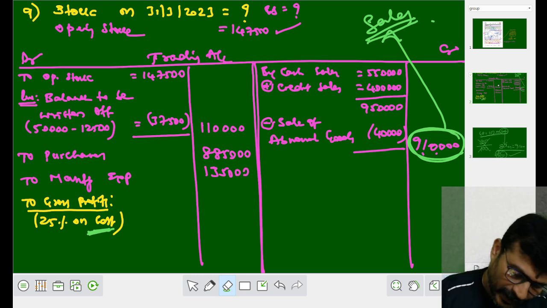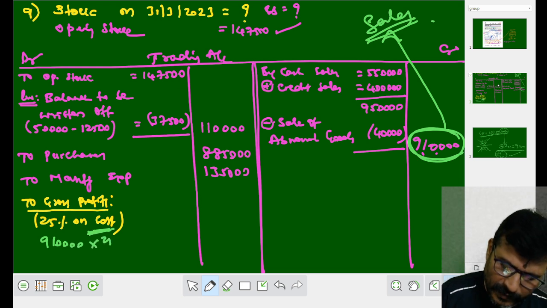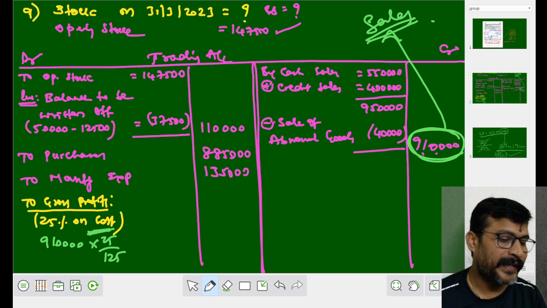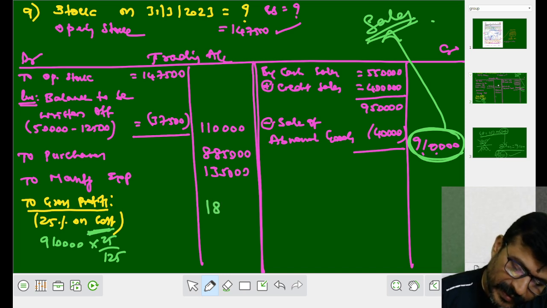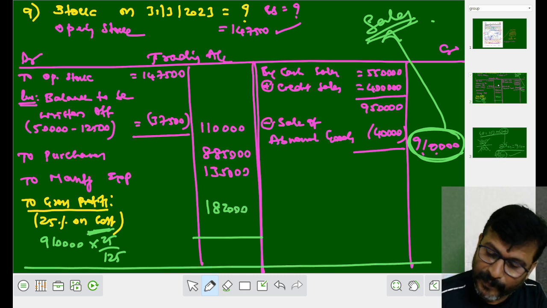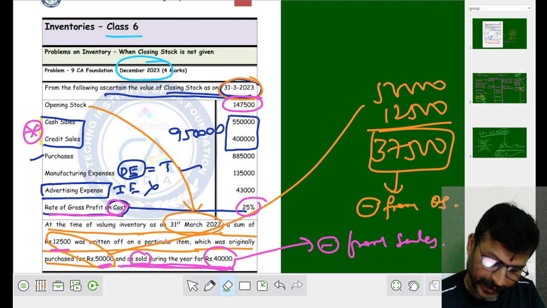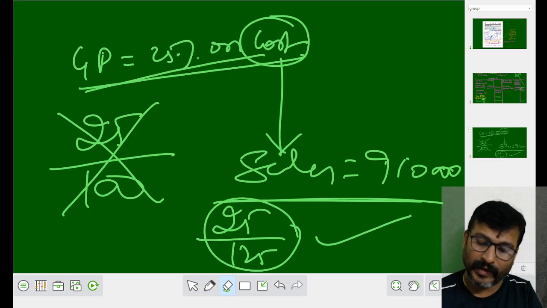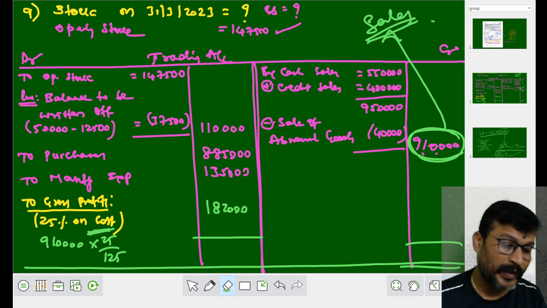Now what we have to do is take the sales of 9 lakh 10,000, 25 by 125. Use a calculator and work it out. It amounts to rupees 1,82,000. That completes the problem, right? We have taken all these stock adjustments, everything we have covered. Now work out a total.